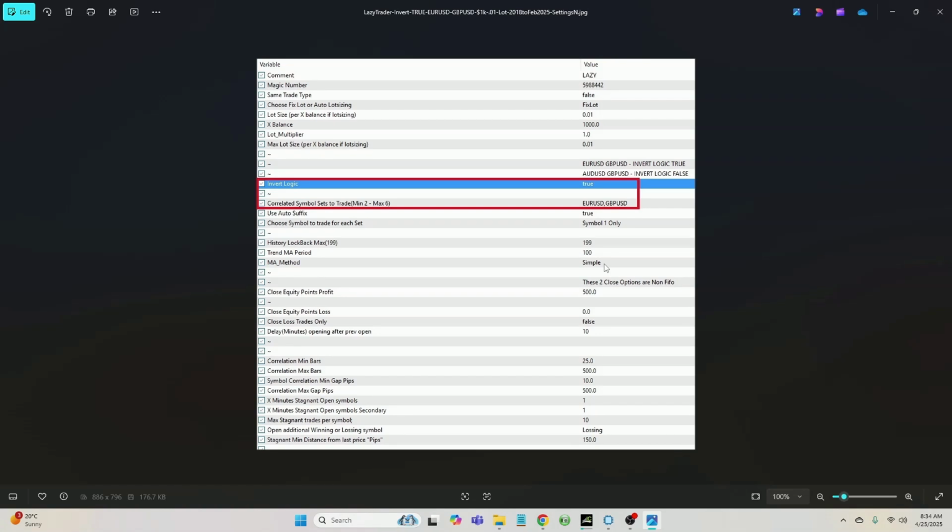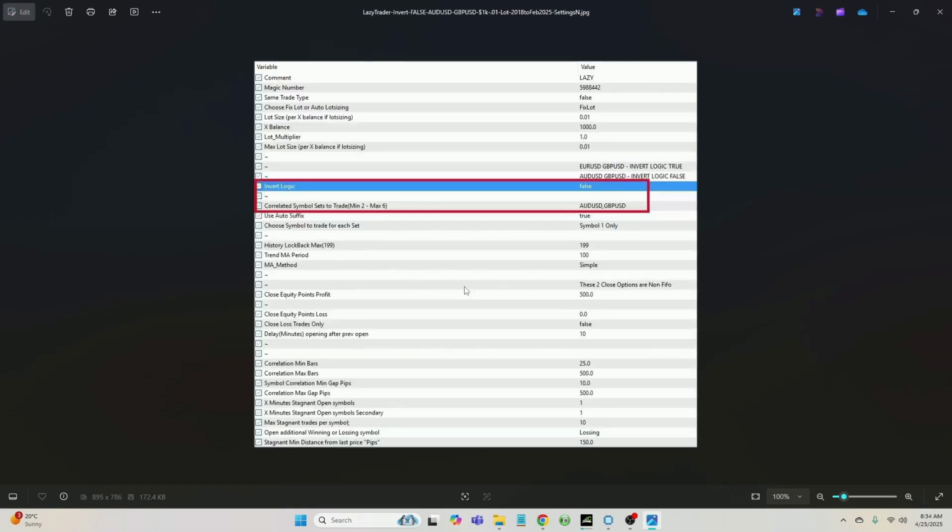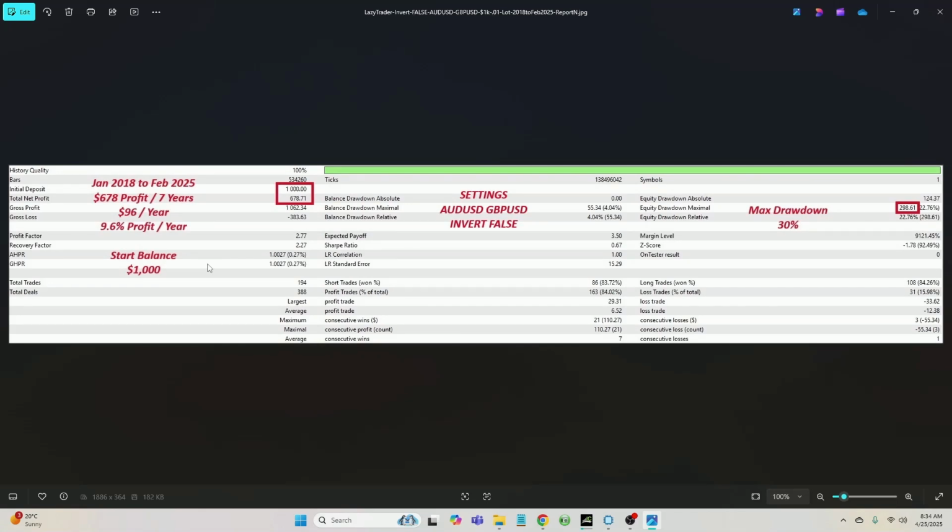You don't have to do anything, just click reset on your settings, run that, and if you run both of them, you're going to end up making about 20% a year just on this one system alone. 20% a year. You don't even have to run any other expert advisors and you'll make around 20% a year.